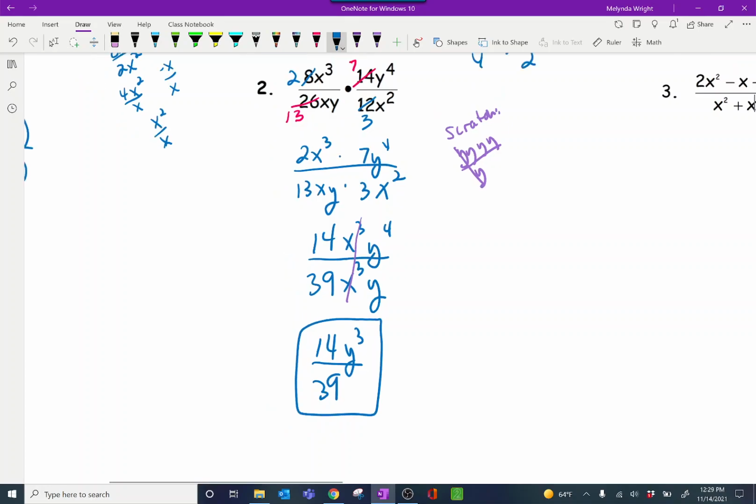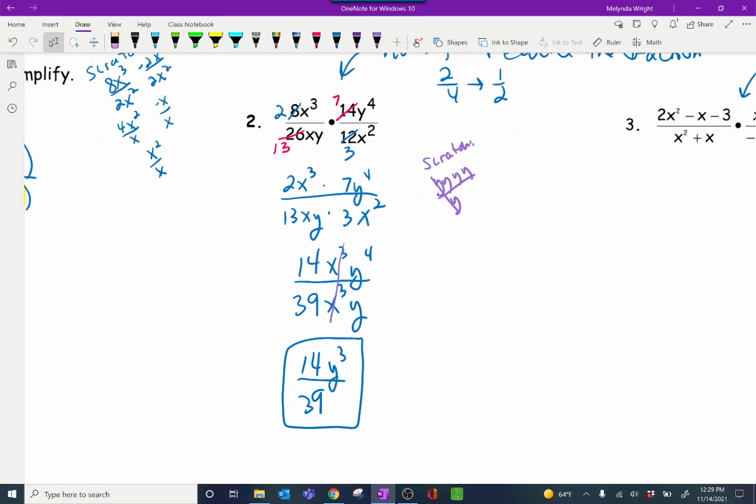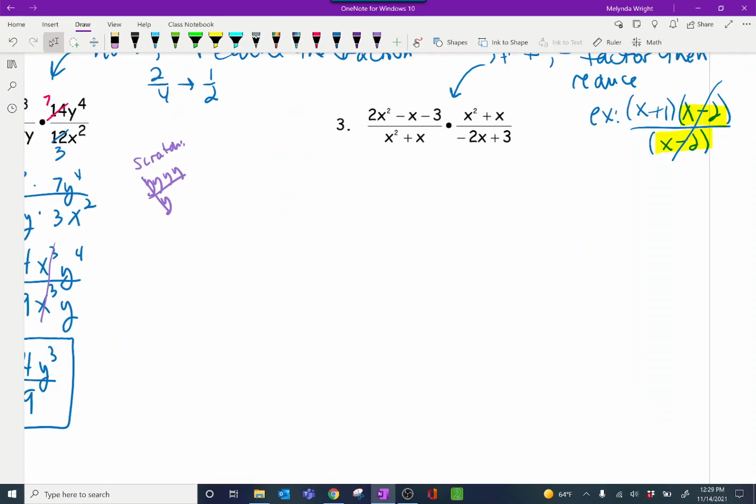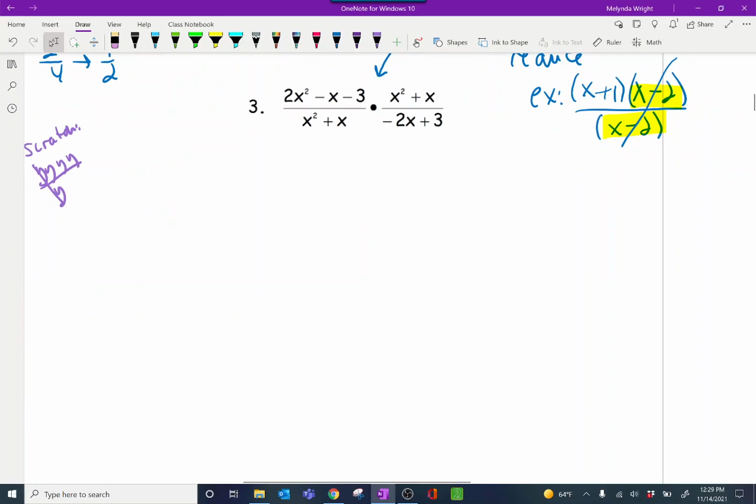Okay, so that's the technique that we use when we don't have any adding and subtracting in the numerator or denominator. All right, let's move to our next example. Here I've got adding and subtracting, so I'm going to have to factor. I know we love factoring so much. I'm going to focus on the first fraction first.